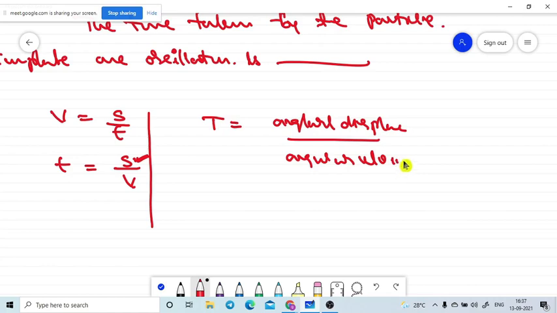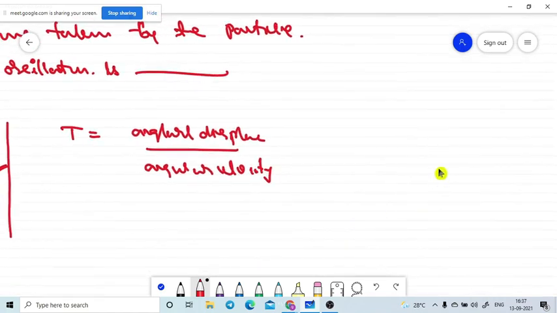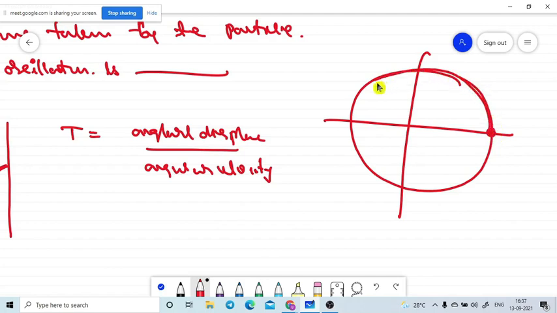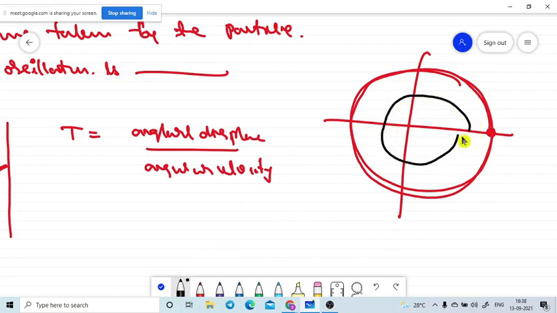Will you please look at our present discussion. The particle is moving like this. The particle is started here, goes on like this, and completes one complete revolution. How much angle does it complete? If it moves like this and comes back to the same position, it completes 2 pi radians.